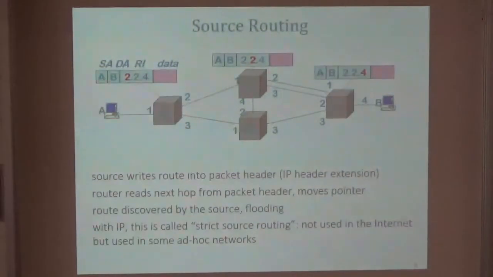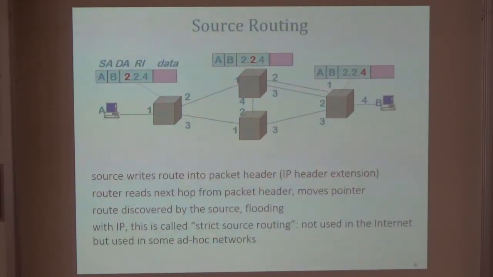For example, we see that the packet on the left sent by A has a route information which is 2, 2, 4. Well, it simply means A sends the packet to its default router. Then the default router does a simple job. It goes to the routing information and reads the first element, which is 2, and sends it on this information, for example, sends it on interface number 2, which means the packet will reach here.